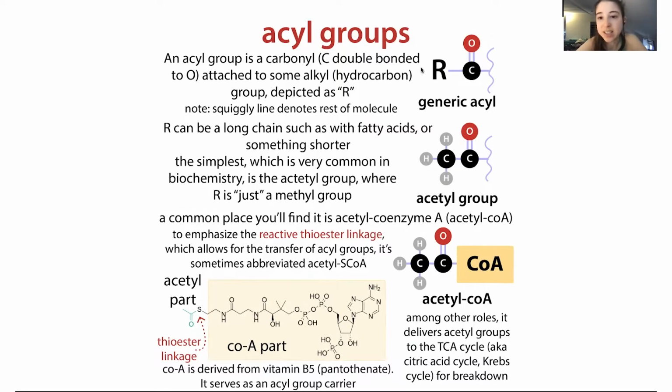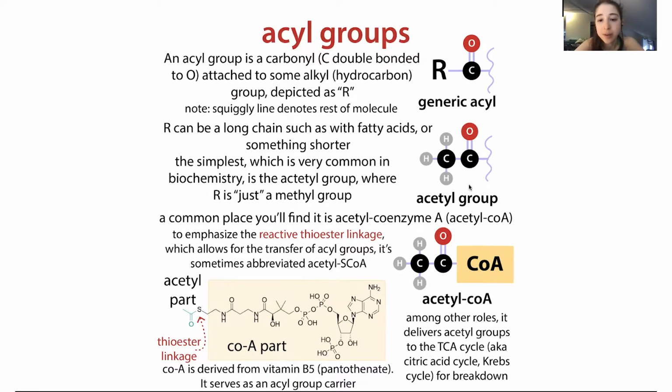This can be a long chain, as in fatty acids. Fatty acids can get attached to CoA, and you have these acyl CoAs, which can be really long ones, and then they can break down when you're catabolizing lipids.